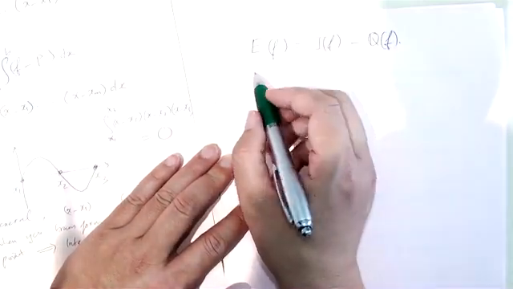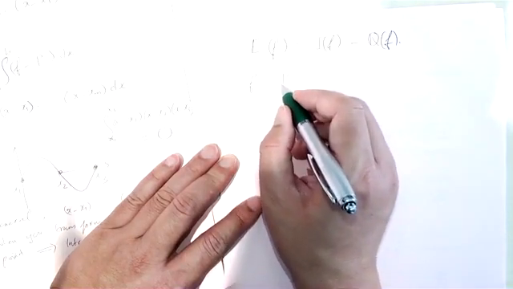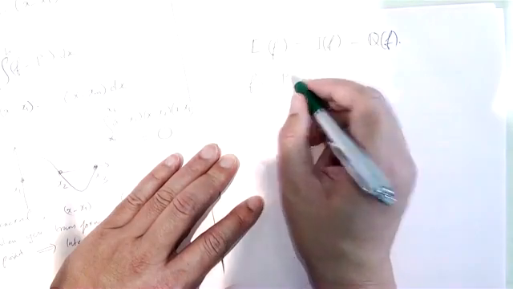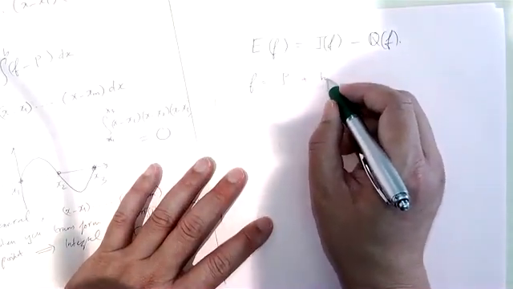Before we do this, we split f into a polynomial p plus some higher order term.